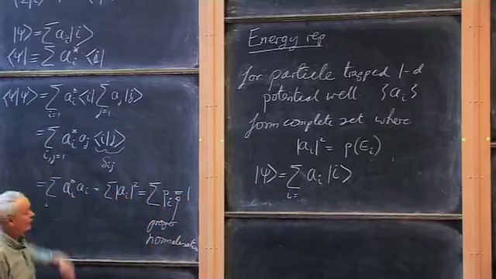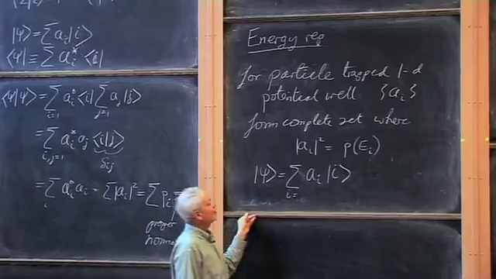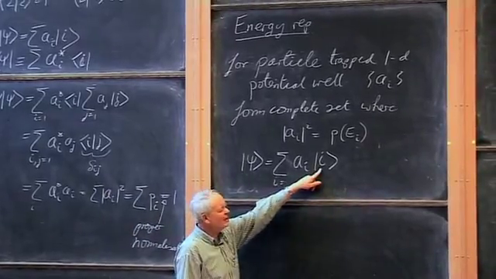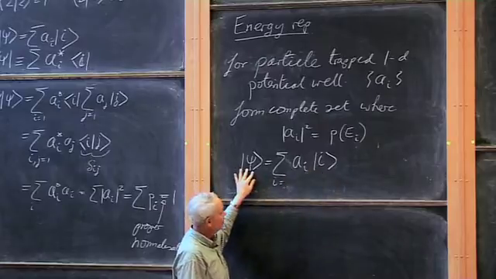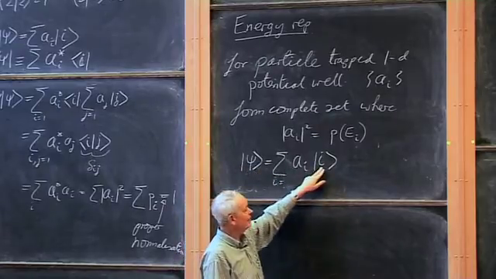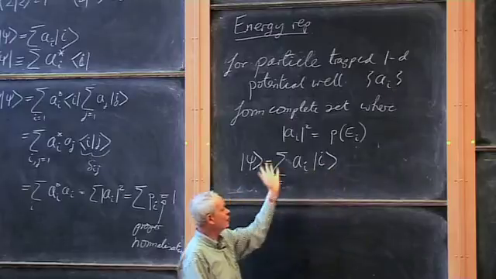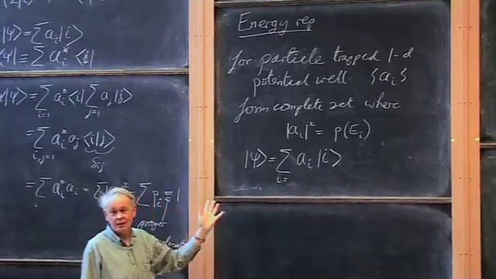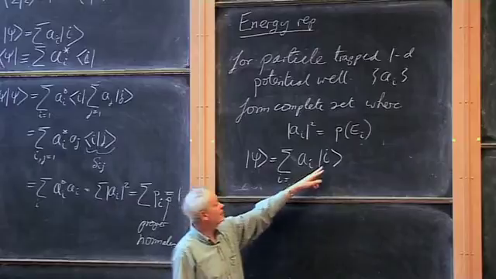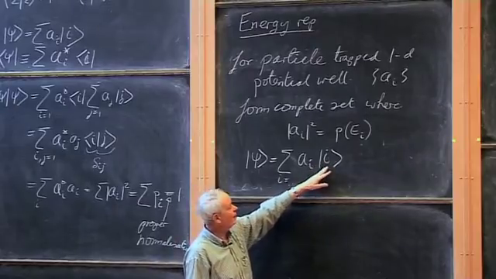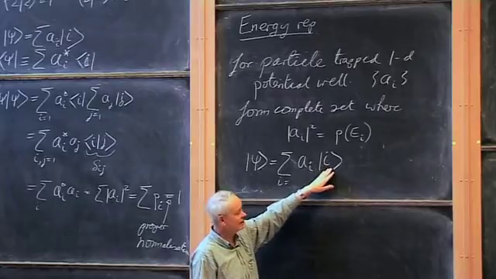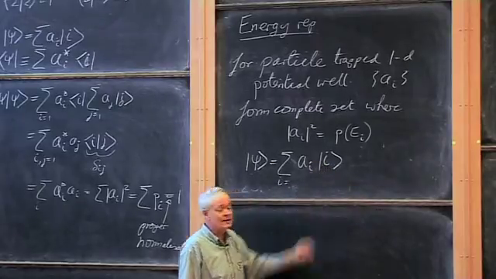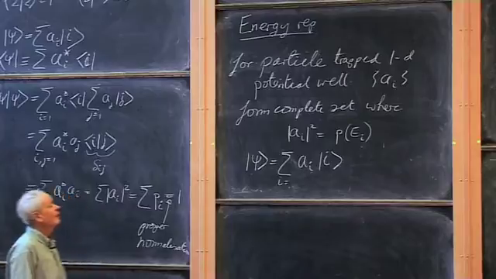That's just a repeat of what we've already done. And now let's ask ourselves, what's the physical meaning of these states? This is expressing my actual state of the system as a linear combination of some states of the system that we've conjured out of nowhere. But each one of these, according to our formalism, corresponds to a complete set of amplitudes. It's a state of the system. Now let's find out what these ones mean in this context.